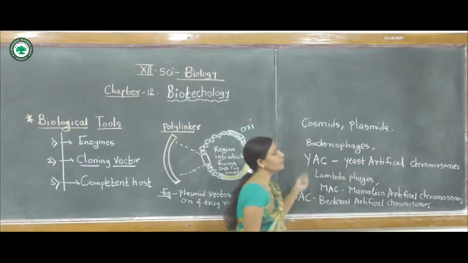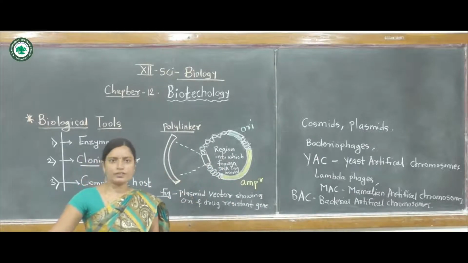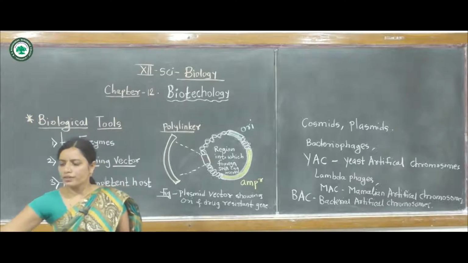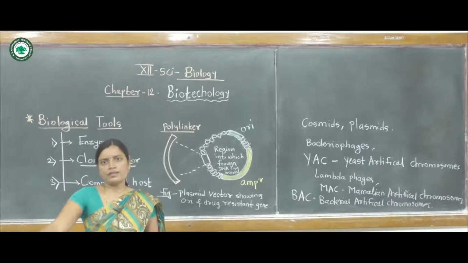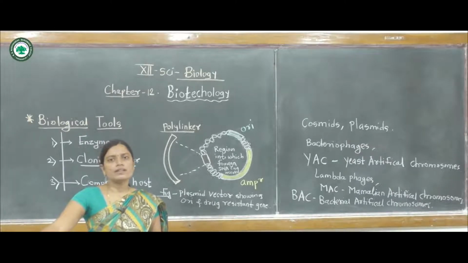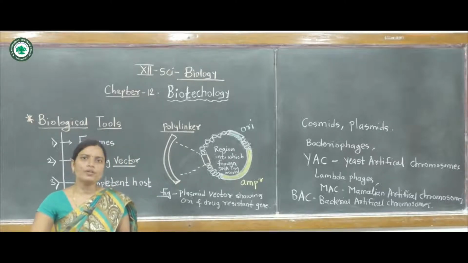These are the different vectors used for cloning. The most important cloning vectors are commonly used as vehicles, meaning they transfer genetic material to other cells with the help of the vector.